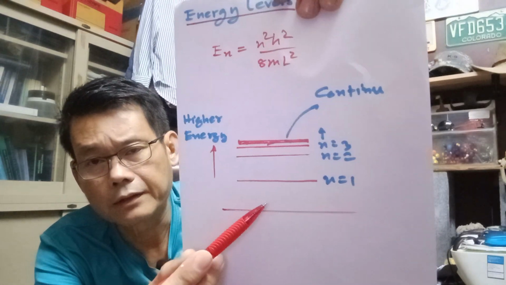Now from the energy level En, that depends on n square. You can do n equal to 1 and n equal to 2, and you get a higher n. This is your plot of our energy level. For a lower number, you have a larger space between energy levels.